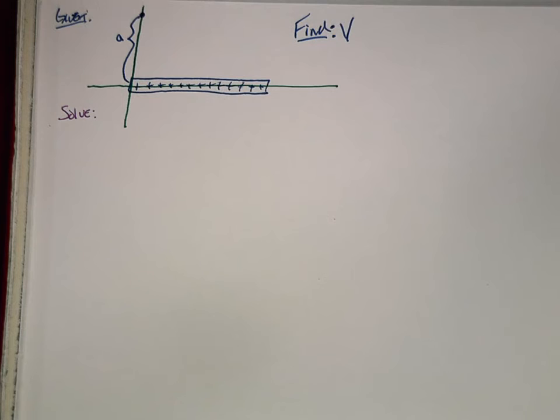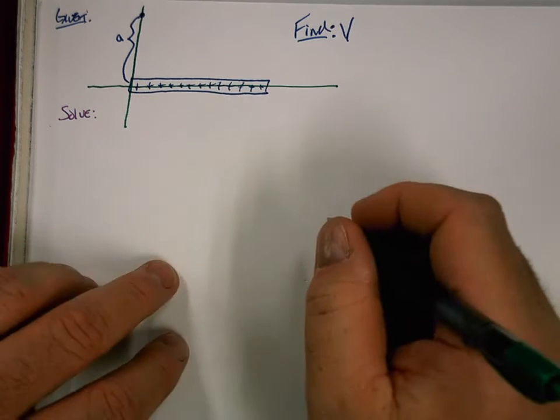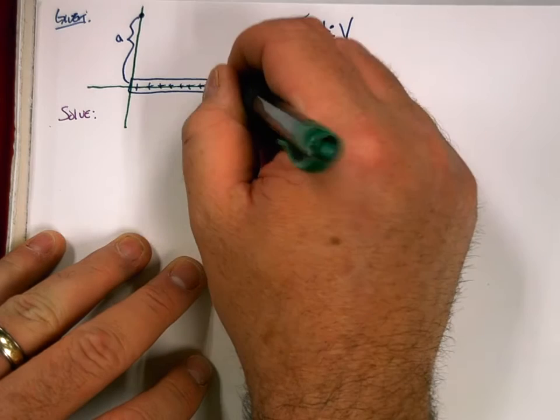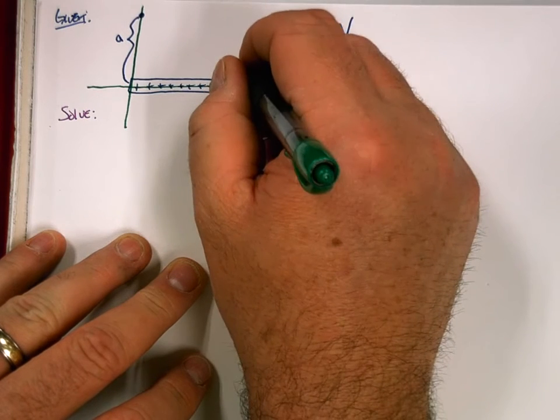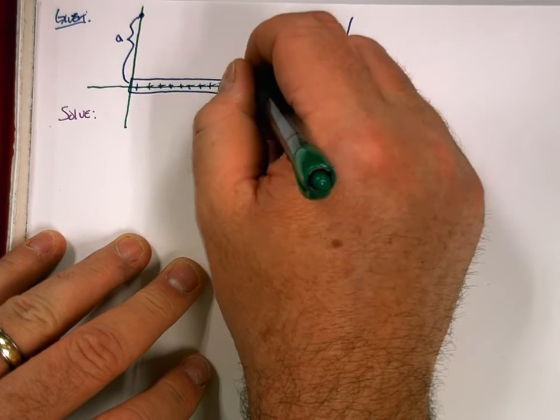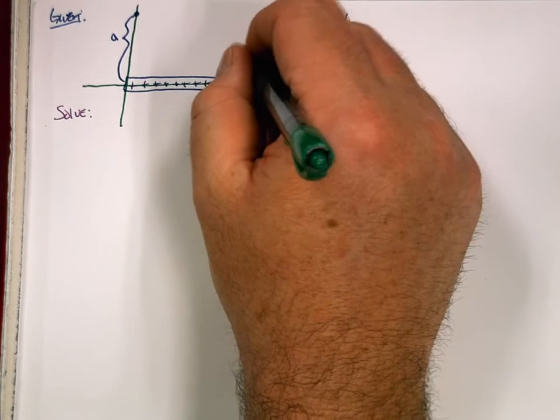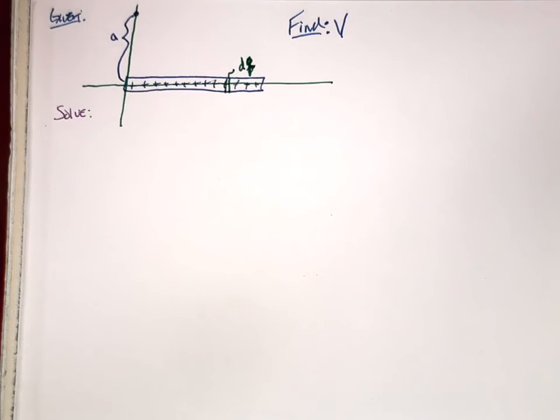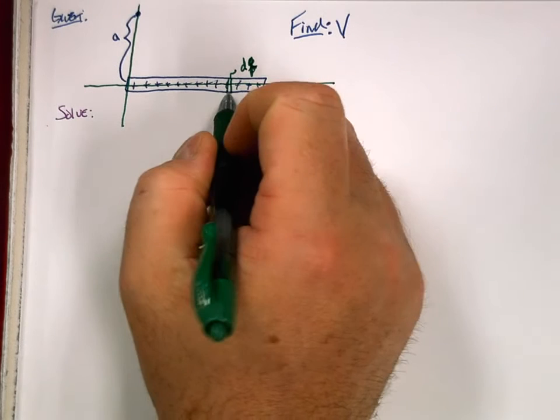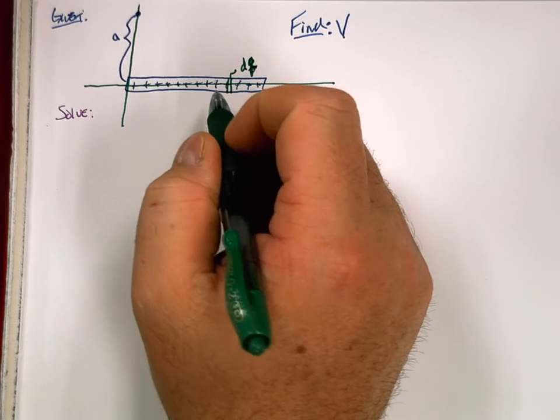And then right in here we have a dL, which is the length, or a dq, depending on how you want to call it. Let's call it dq. dq is our portion of charge right here. But how are we going to define dq?